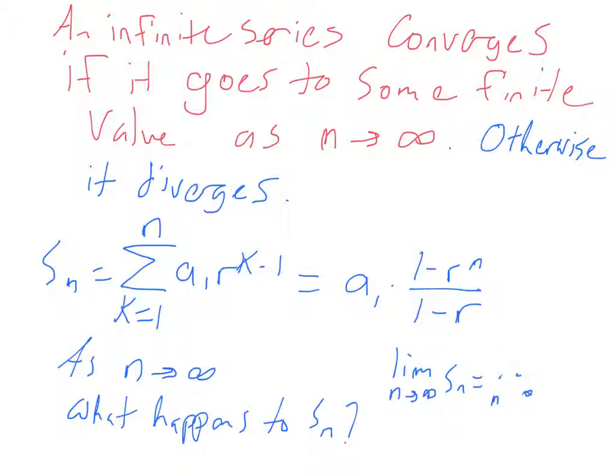So, the limit as n goes to infinity of s sub n, which, based on the formula, if s sub n is a geometric series, is a sub 1 times 1 minus r to the n over 1 minus r.